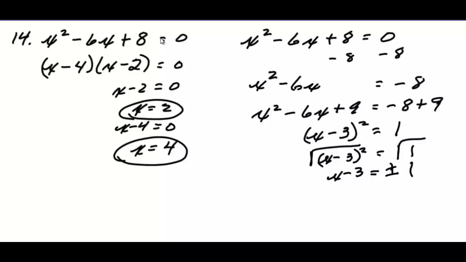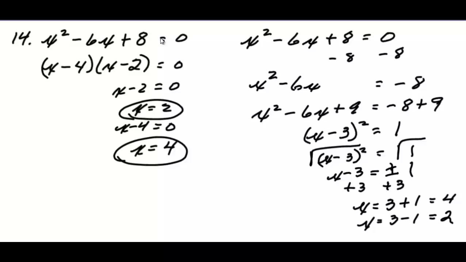The square root of 1 is 1. So then what I do is I add 3 to both sides, and I get x equals 3 plus 1, or I get x equals 3 minus 1, and my answers turn out to be 4 and 2.